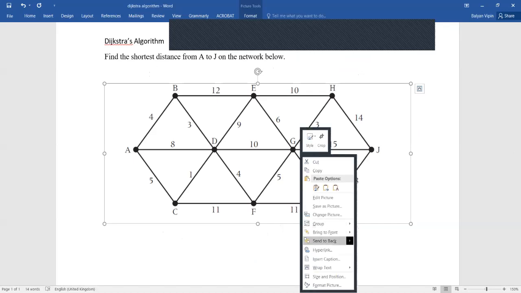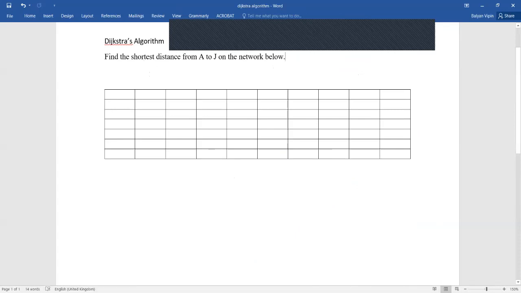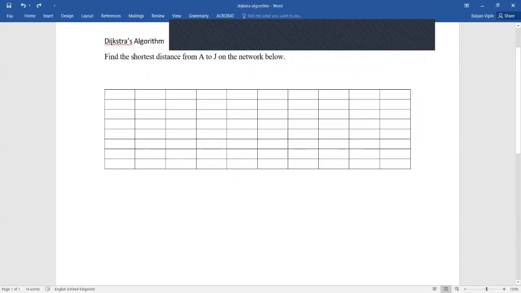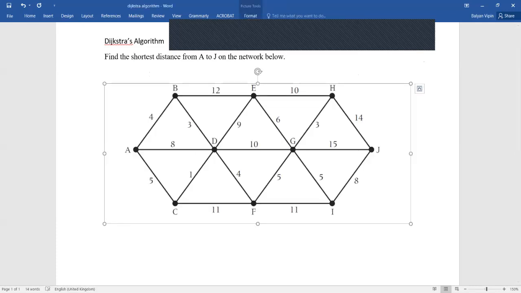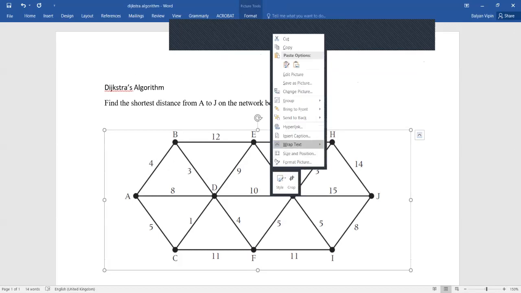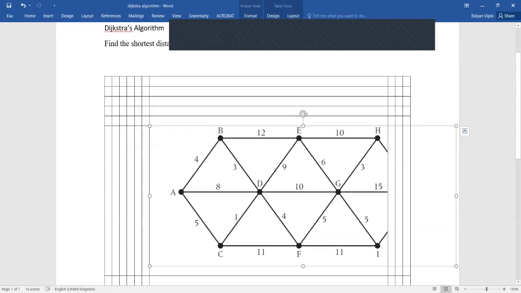So let me bring a table. So if I have a table here, the table is something like this. Let me exit this table. It's creating a lot of trouble.